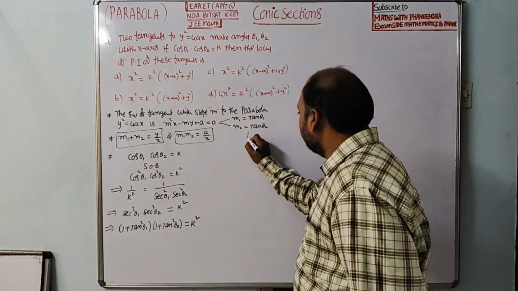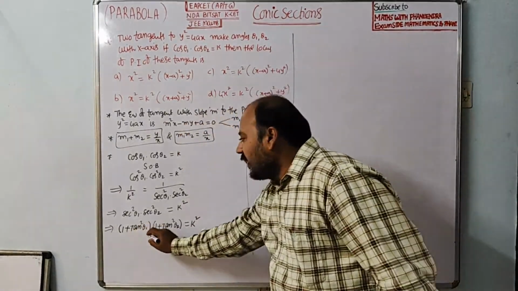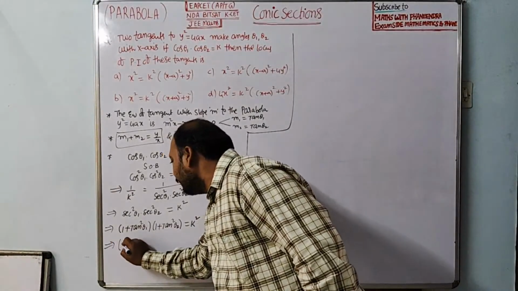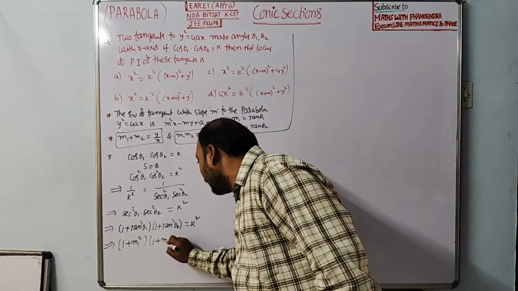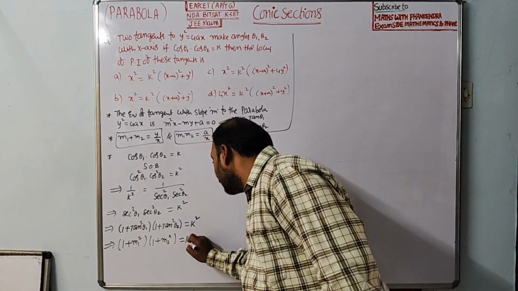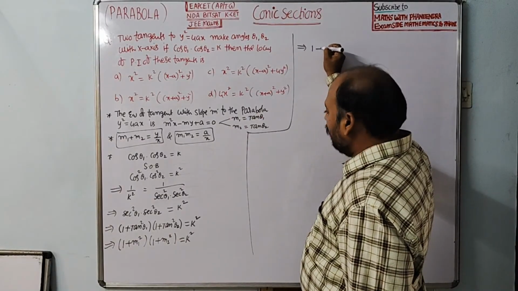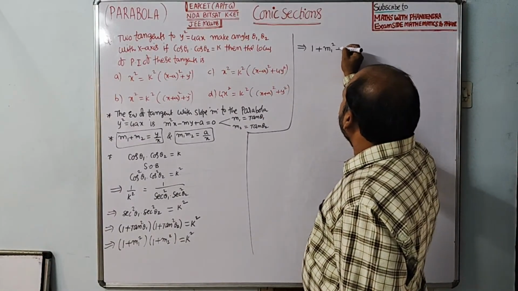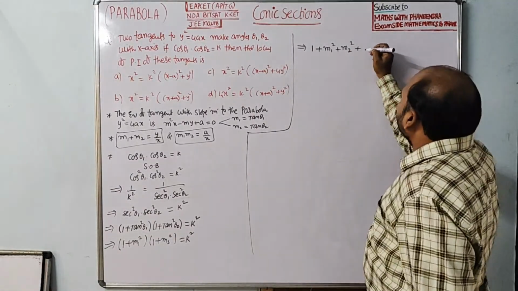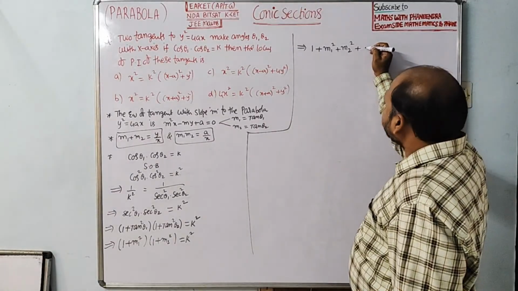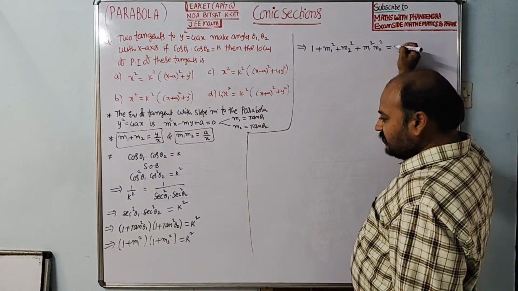Wherever tan square theta 1 is there, replace with m1 square: 1 plus m1 square into 1 plus m2 square is equal to k square. By simplifying, 1 plus m1 square plus m2 square plus m1 square m2 square is equal to k square.